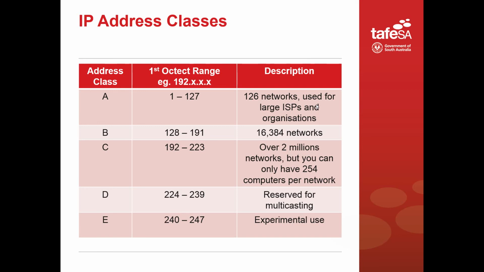They've all been allocated. Eventually we will need to move to IPv6, which I'll mention briefly at the end. But for now, there are other technologies in place for us to be able to keep using IPv4, even though we're getting more and more devices in use on the networks.